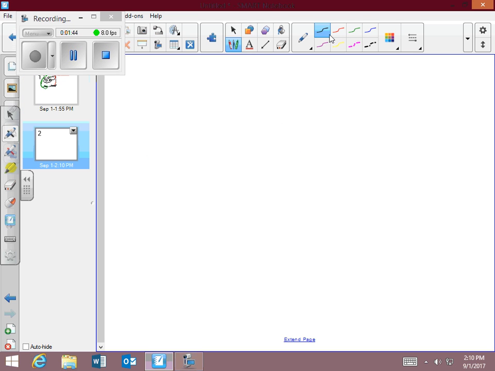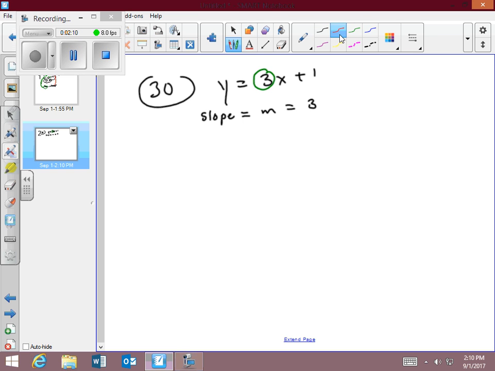So when we got the equation 30, y equals 3x plus 1, the slope, which is m, in this particular problem is what? 3. That's that number right there. And then the y-intercept is going to be 0, 1. So it's this value right here.